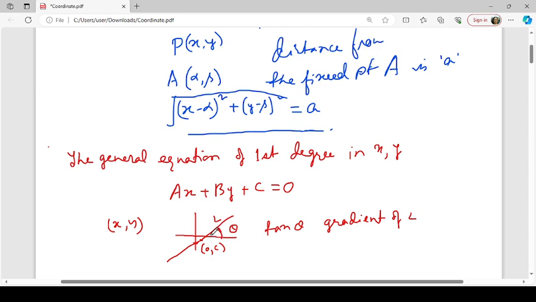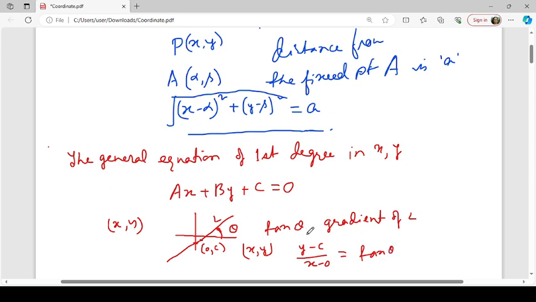This is (x, y), the moving point. This is (0, c), and we have (y minus c) by (x minus 0). So (y minus c) by (x minus 0), and this is the tangent of the angle. This is tan theta.